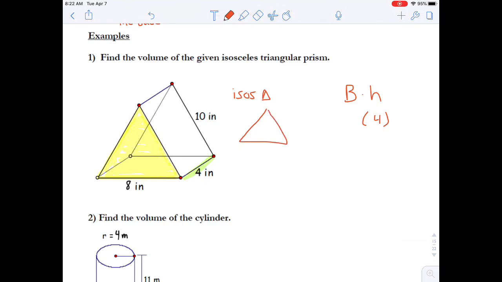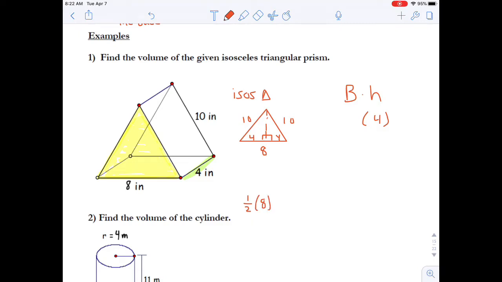Okay, so draw in your triangle. This would be 8. We know these are 10. And if I drop this down, forming that right angle there, this gives me 4 and 4. Well, remember the area of a triangle is 1/2 base times height.